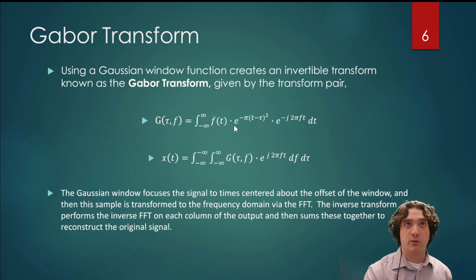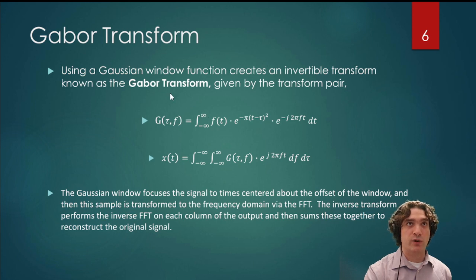And we have a window function slid to be centralized around time tau, so that the center of the bump is at time tau, and it's multiplied by the function, which zeroes out all of the values outside of the window and preserves the function values within the window scaled by the Gaussian, and then multiplied by the complex exponential, e to the minus j2 pi ft, dt, and we integrate from minus to plus infinity.